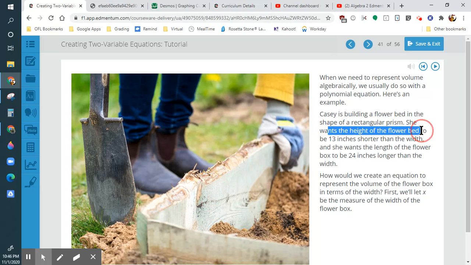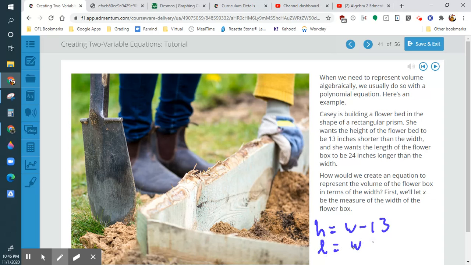She wants the height to be 13 inches shorter than the width. So usually when I hear these, I go height equals width minus 13. And she wants the length of the flower bed to be 24 inches longer than the width. So L equals width plus 24.